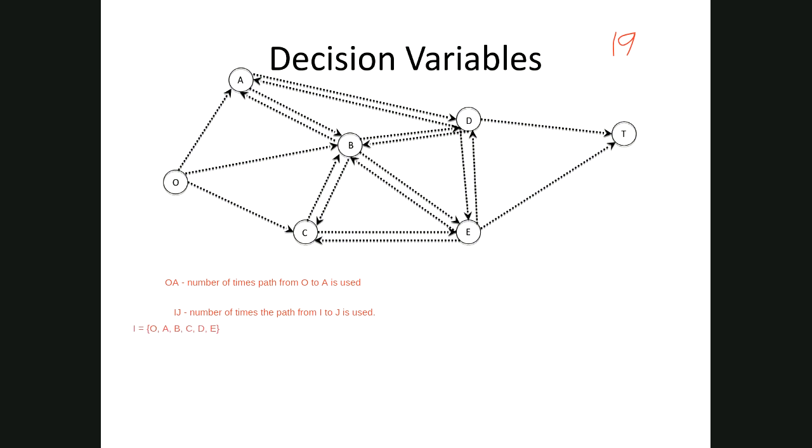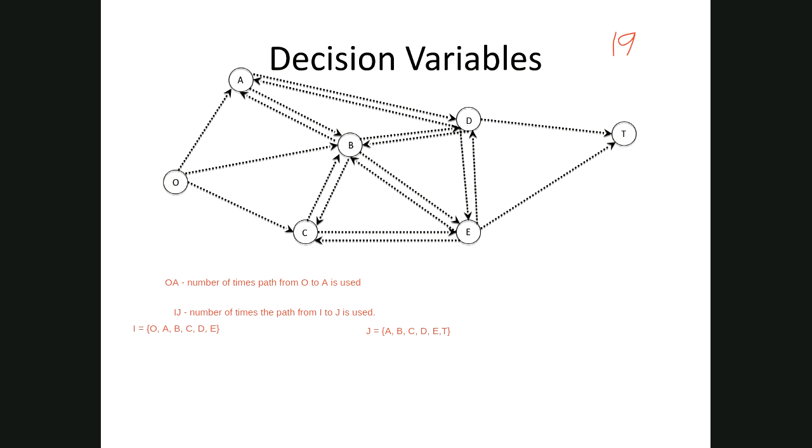And then J is going to be the set of everything but the origin. So A, B, C, D, E, and terminal. So those are our decision variables and our definitions.